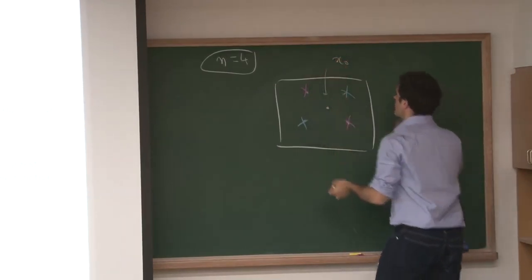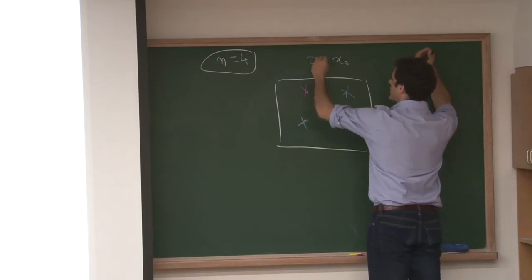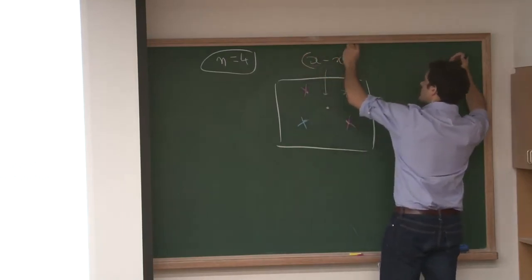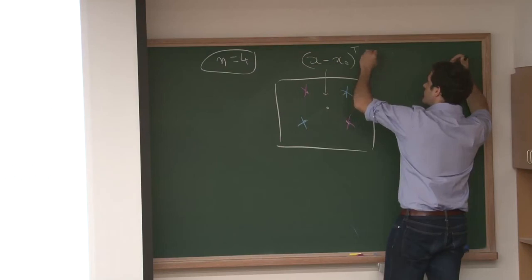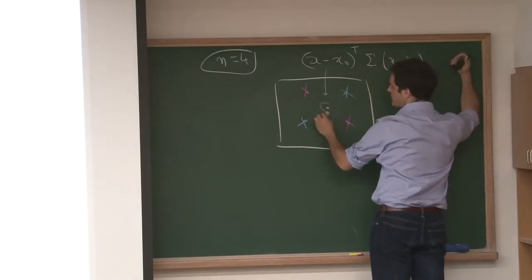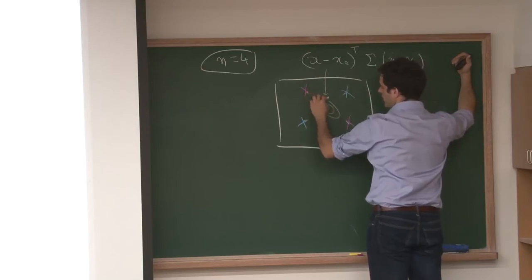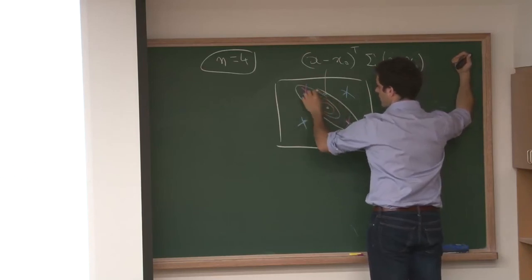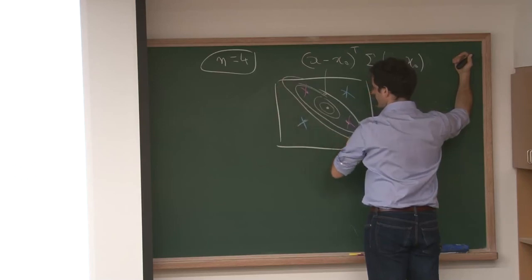The function would be something like (x minus x0) transpose some matrix times (x minus x0). Now we get some kind of ellipsoid if you want, like this.